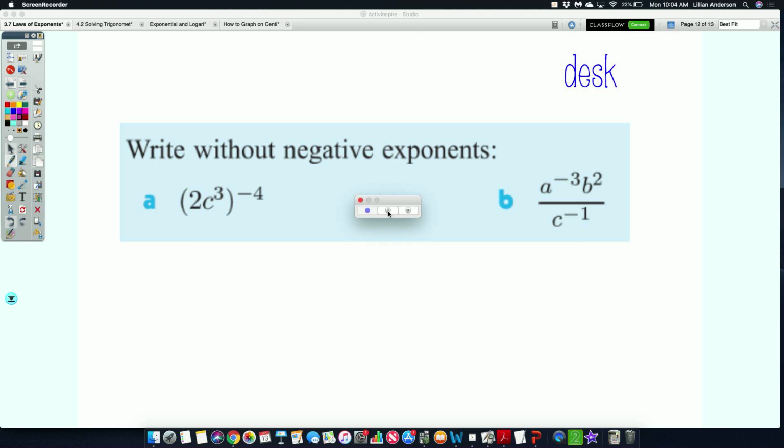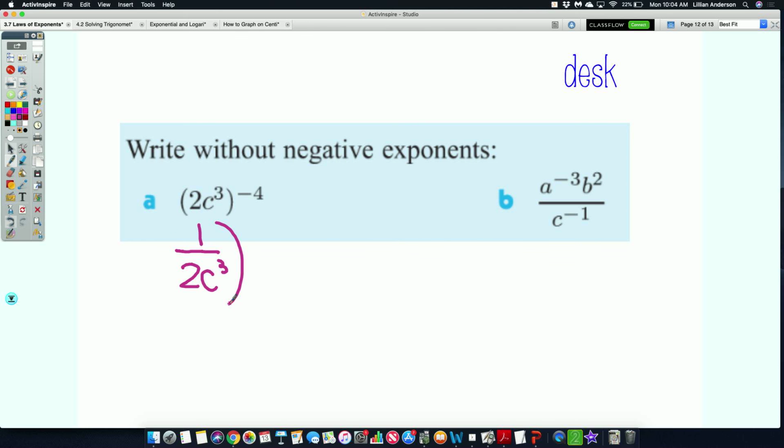I probably would have suggested to take care of that negative first, because I saw on a few of your desks that you forgot to take care of it later, okay? That negative means that entire 2c to the third needs to go under 1. You turn it into a fraction, so that way you can make it positive.